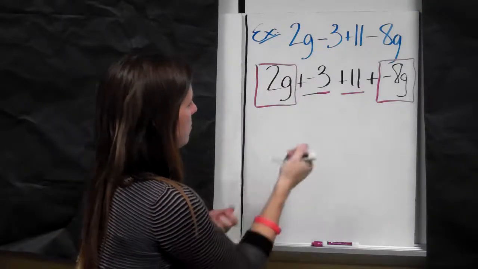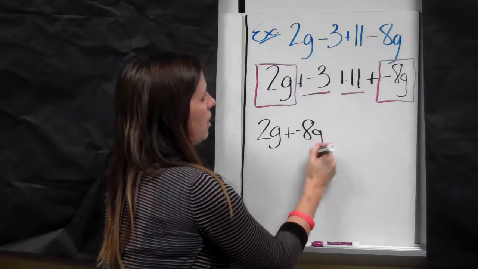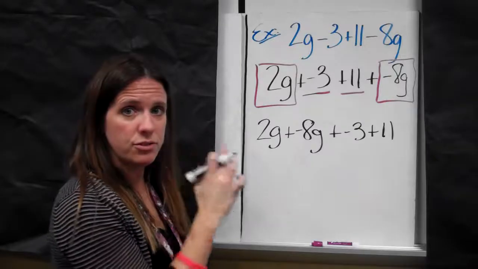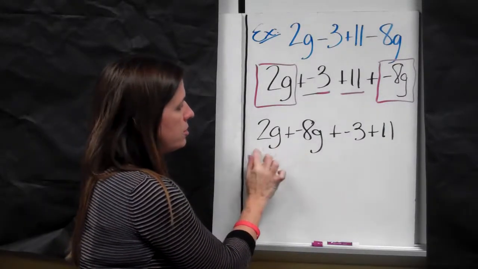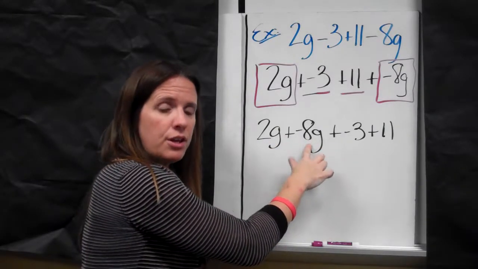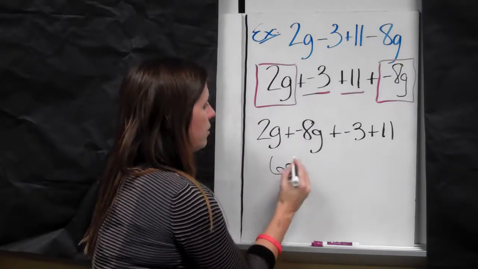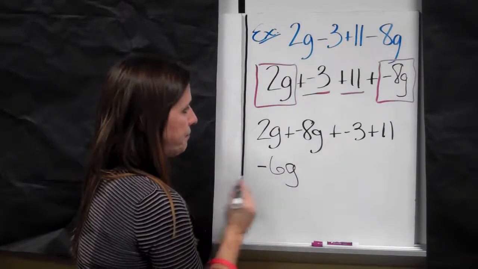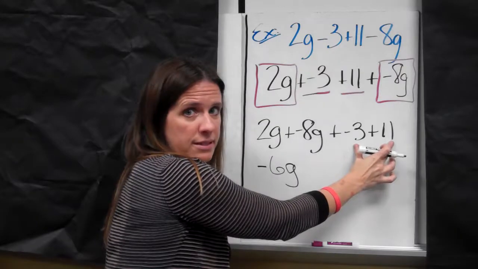I'm going to rewrite, putting my variable terms next to each other and my constants next to each other. Again, the commutative property lets you do that moving around. And then add them together. 2g plus a negative 8g, one is positive, one's negative. So you subtract them and keep the sign of the larger absolute value, which would be negative 8 in this case. Negative 3 plus 11.